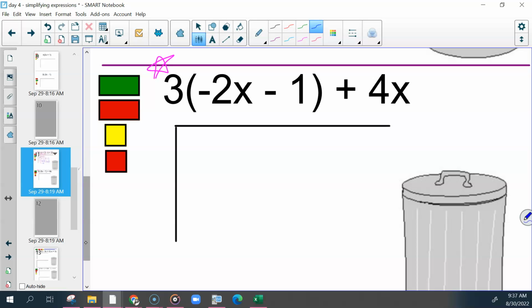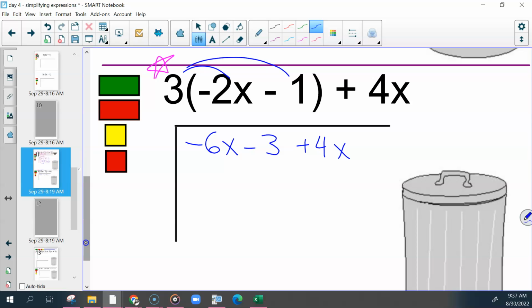Call it a bubble, a wall, whatever you want. It can't get out of that until you've done something with it. So multiply 3 to both. What would that give us? Negative 6x minus 3. After we've distributed both, we no longer need the parentheses, but we do have to break everything else down.